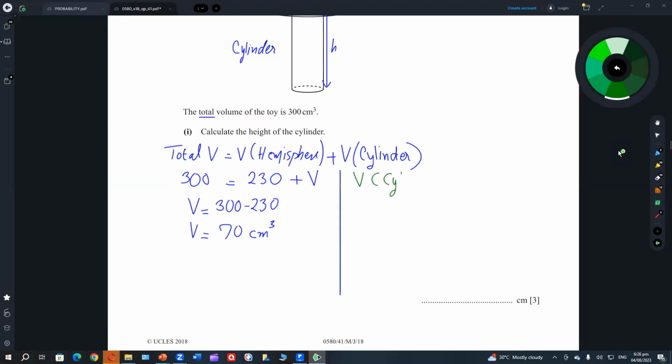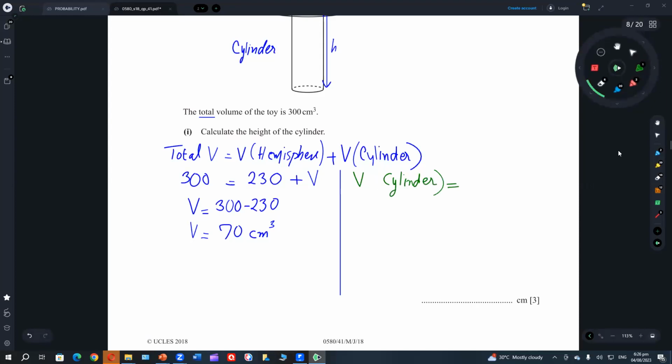Memory must be very good in case of mensuration. Mensuration is a memory word. You can look in the notes if you want. I have posted it on the chat also. It's pi r square height.